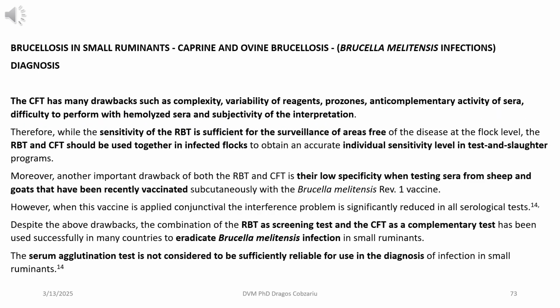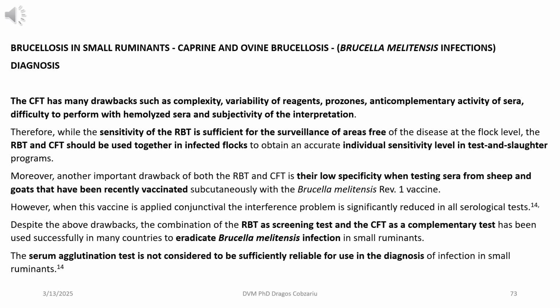The CFT has many drawbacks such as complexity, variability of reagents, prozones, anti-complementary activity of sera, difficulty to perform with hemolyzed sera and subjectivity of the interpretation. Therefore, while the sensitivity of the RBT is sufficient for the surveillance of areas free of the disease at the flock level, the RBT and CFT should be used together in infected flocks to obtain an accurate individual sensitivity level in test and slaughter programs.